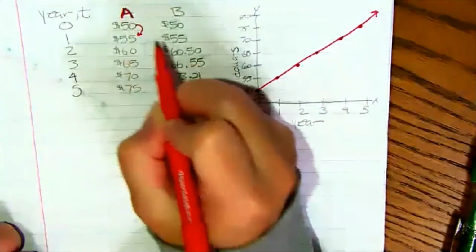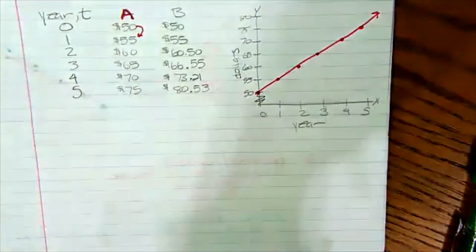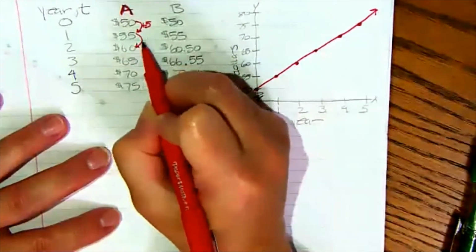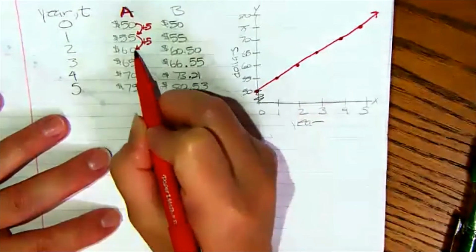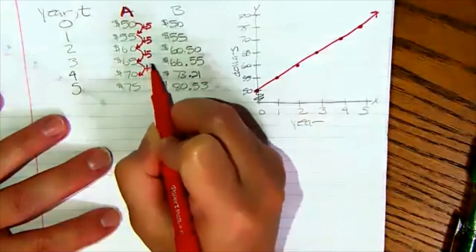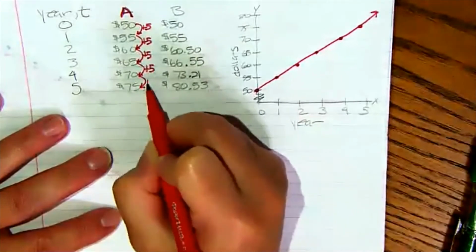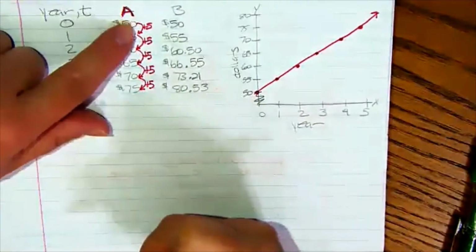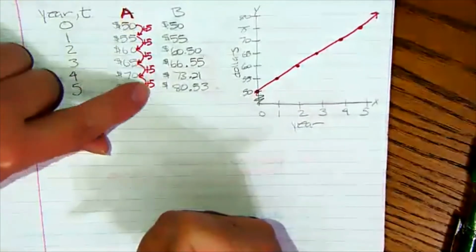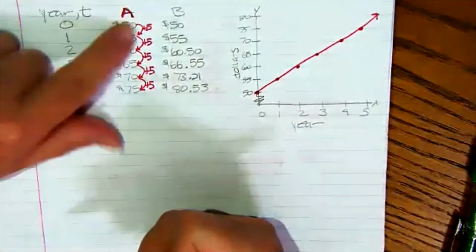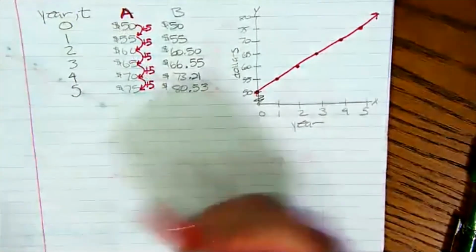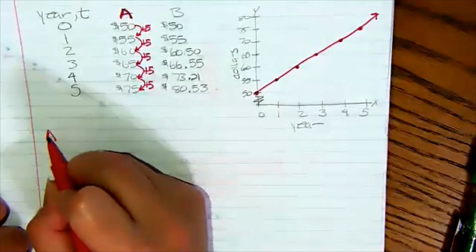So let's take a look at our table just to confirm our rate of change. Oh, look at that. We have a constant rate of change. It increases by 5 every year. It only increases by $5 every year. That's the same. That is constant. So what can we say about graph A?